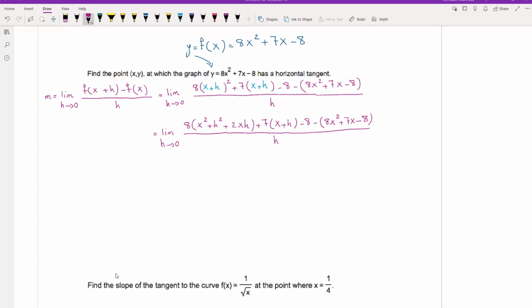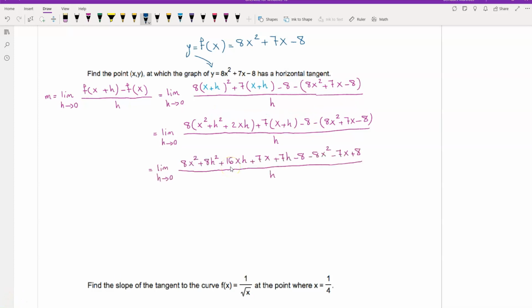Now we have to simplify what we have here in the numerator. First, use the distributive property: multiply 8 by all these three terms, multiply 7 here, and multiply negative 1 by all these.